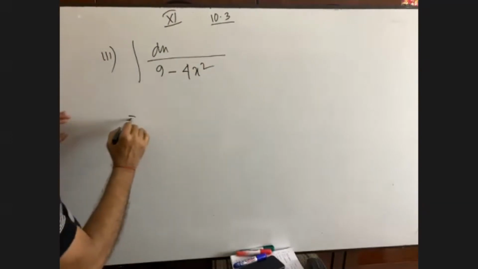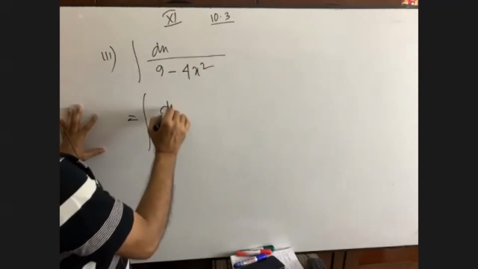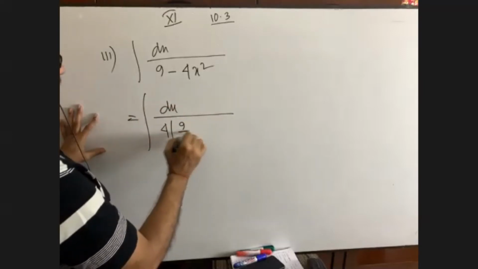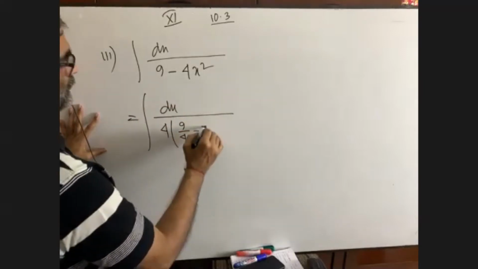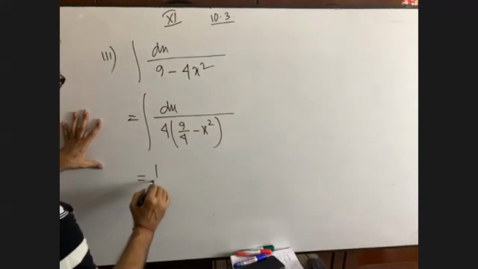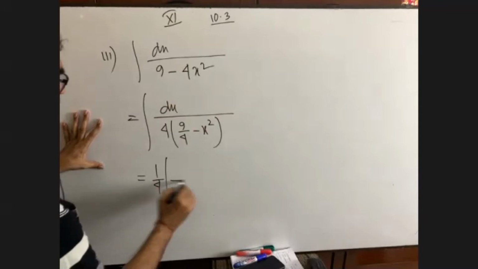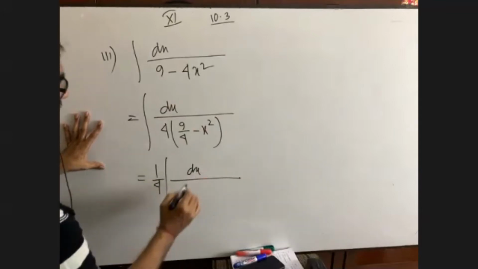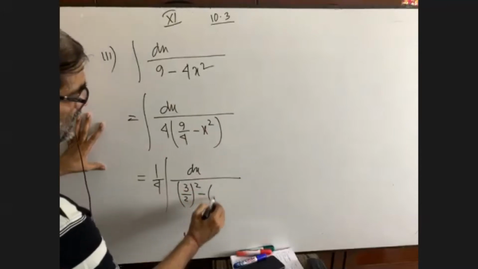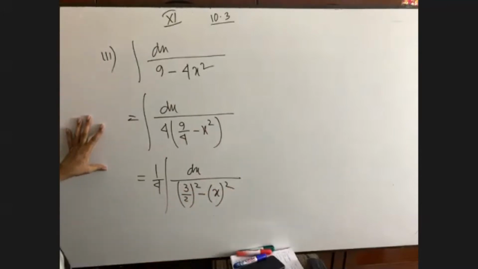What will you do? Dx by, you will take 4 common, 9 by 4 minus x square. That is 1 by 4 dx, 3 by 2 whole square minus x square. Okay?